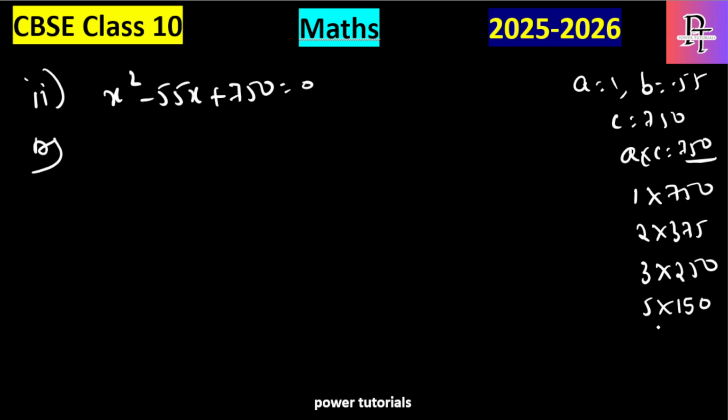Okay, 6 table will happen. 6 1s are 6, 15, 6 2s are 12, 6 5s are 30. Okay, 7 will not happen. 8 table will not happen. 9 will not happen. 10 into 75.